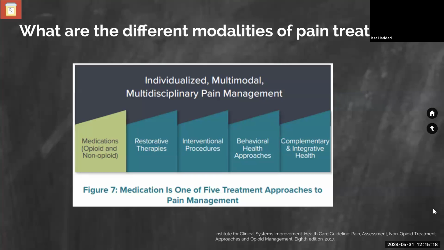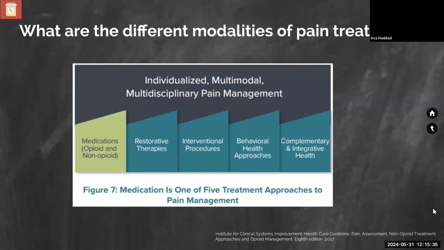When we talk about modalities of pain treatment, my topic today is specifically concentrating on the medications, opioids and non-opioids, but I want to mention that there are different modalities, like approaches to pain management.